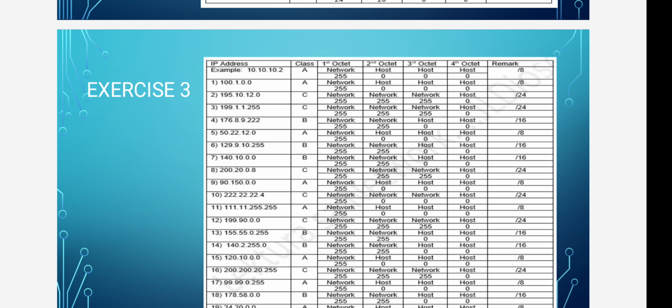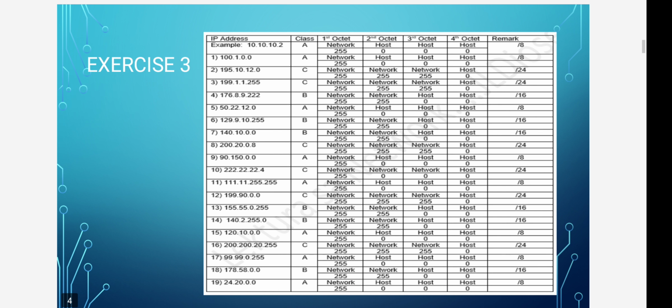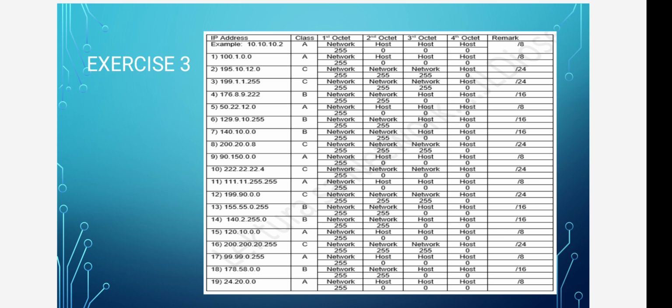Now let's go on to exercise 3. In number 1, it is a class A, and the default mask of class A is 255.0.0.0, and the remark of this is /8.